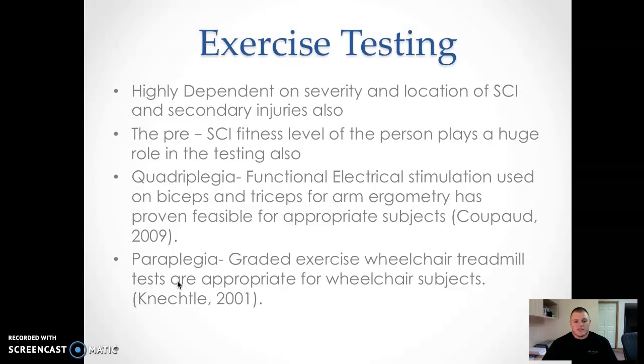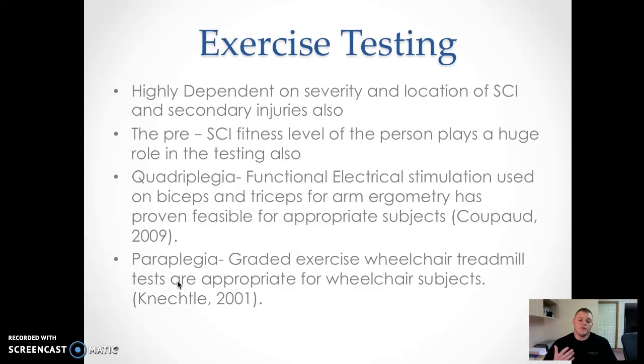So exercise testing for somebody with a spinal cord injury varies on how severe their injury is. Their pre-injury fitness level plays a huge role in the test. How long they were in the hospital plays a huge role.